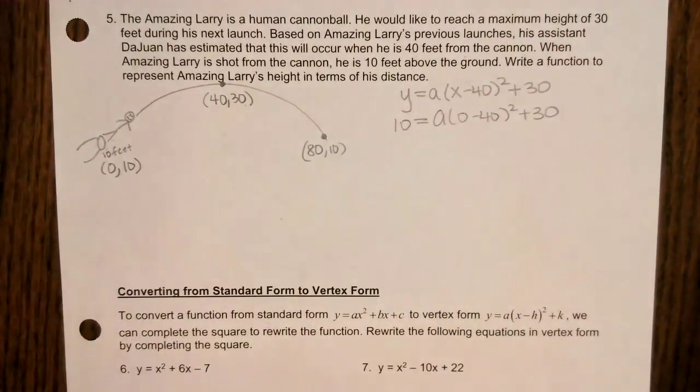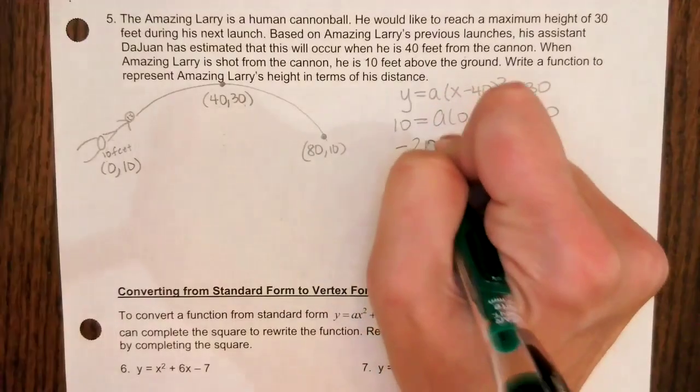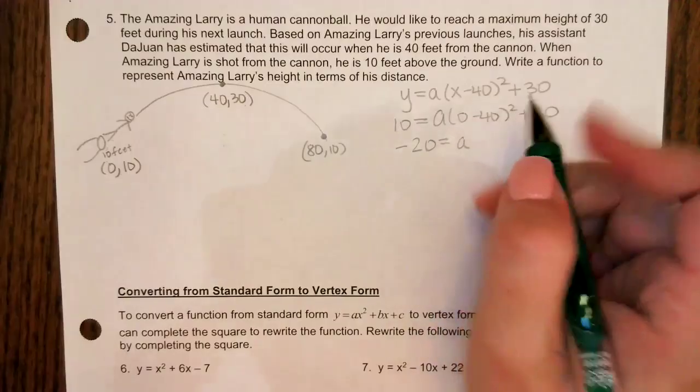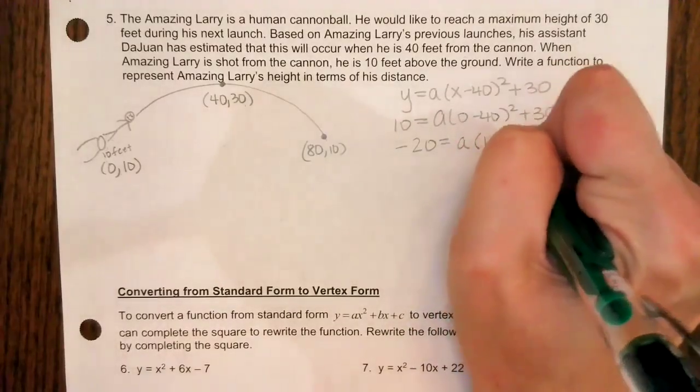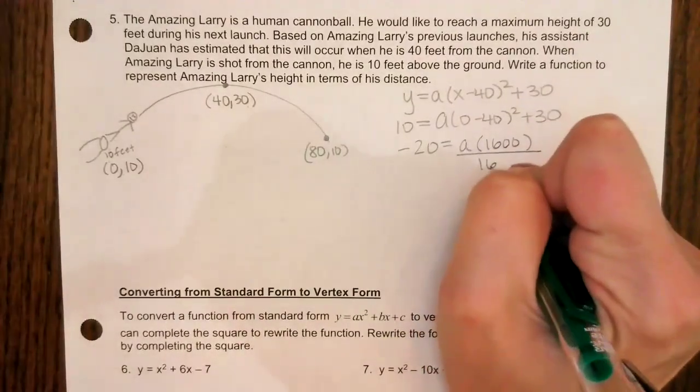and now it's time to simplify this. So I'm going to subtract the 30 to get it to the other side. So that gives me negative 20 is equal to a. Negative 40 squared is 1600. Now we divide by 1600.